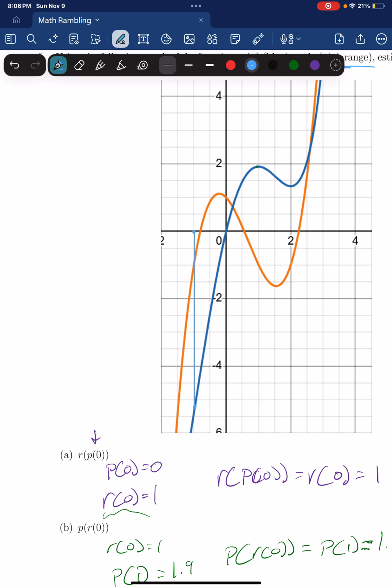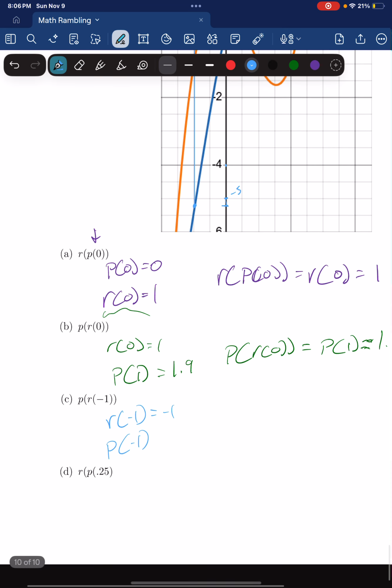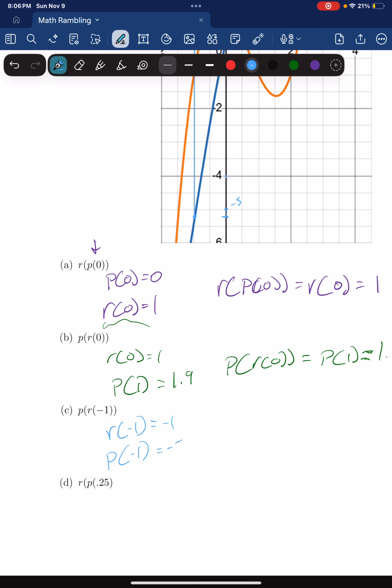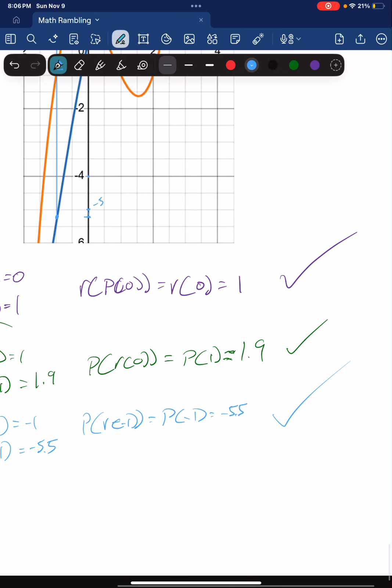Well, this is -4 here, so this would be -5, so this is maybe like -5.5. Okay, so p of r of -1 equals p of -1, which equals -5.5. Boom.